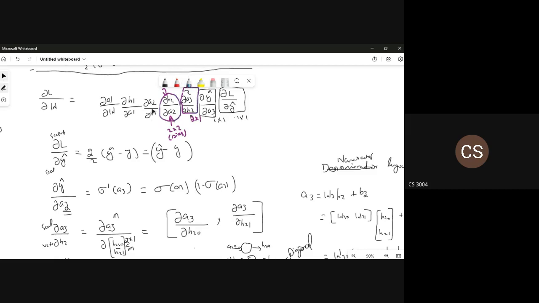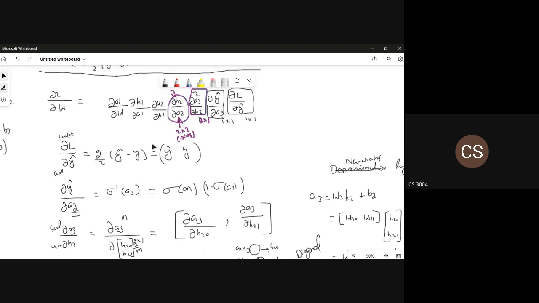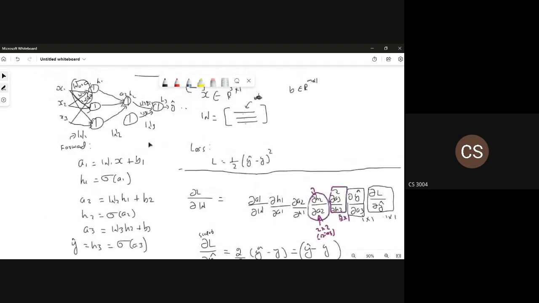Now the next term is dou A2 by dou H1. Before moving on, let's look at what A2 and H1 are, because we may have forgotten. A2 is a column vector with 2 elements, but H1 is once again a column vector with 3 elements, so the dimension is changing. Maybe now you get a better picture.